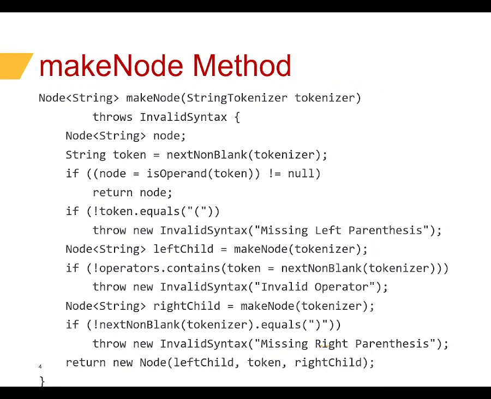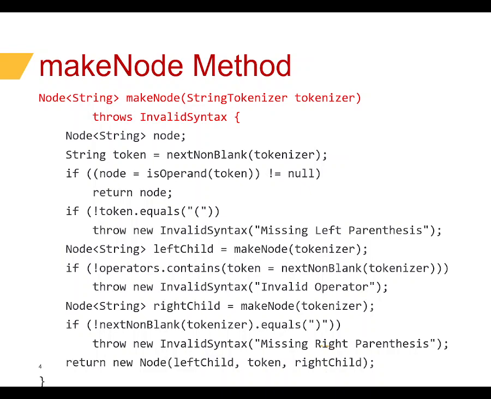We've elected to explain the most interesting method in the arithmetic expression class, the makeNode method. It's a recursive method that constructs the tree. The method is supplied the string tokenizer object that contains the expression and returns the root node of the tree.